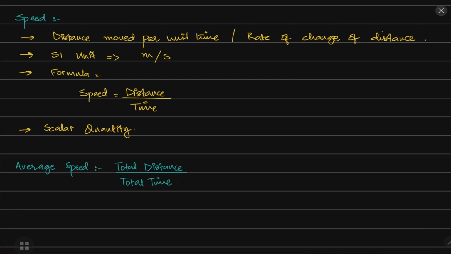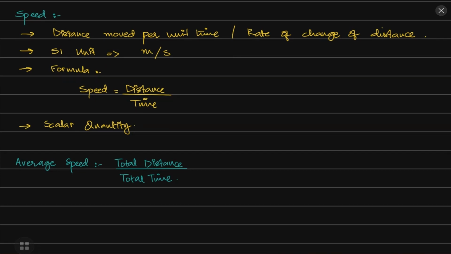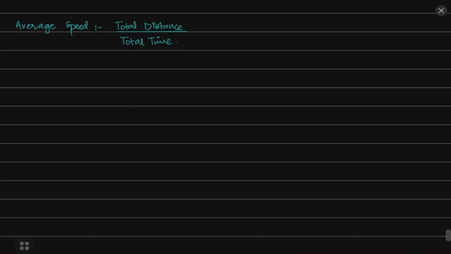Okay, now if you talk about uniform speed, uniform speed would basically be when the object is moving at a constant speed, or the speed is uniform. These are just different words that we use for the same thing. Uniform means constant, constant means with the same magnitude, right? So let's suppose I'm moving at 20 meters per second, and I continue to move at 20 meters per second for every single second that I move.